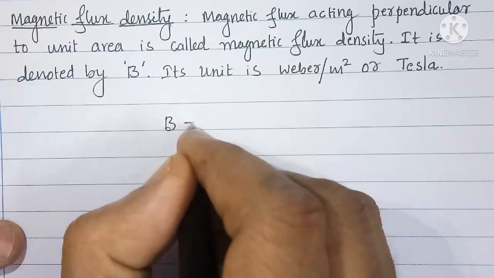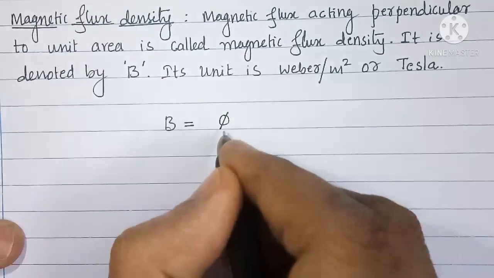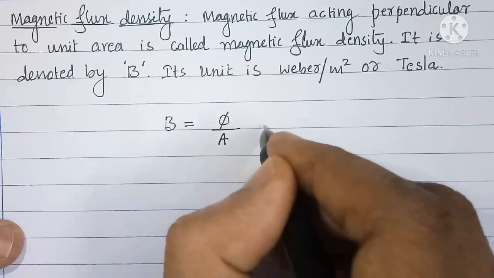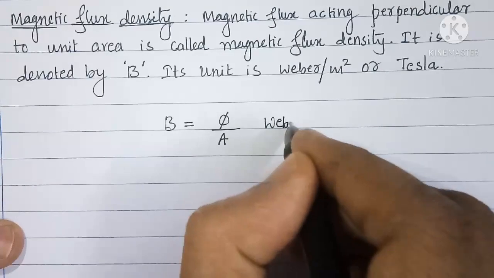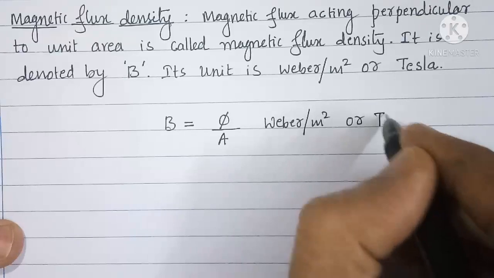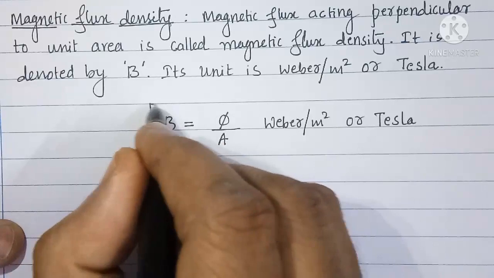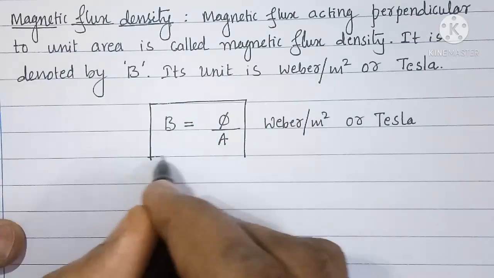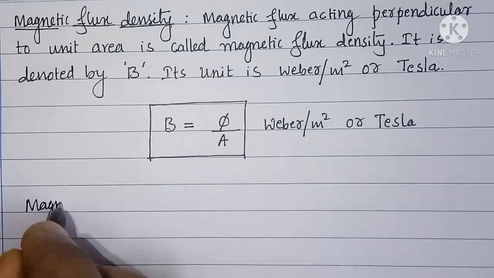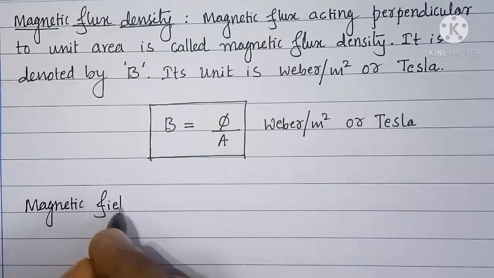So I can write magnetic flux density as flux by area, that is phi by A, Weber per meter square or Tesla. Next we'll write what is magnetic field.